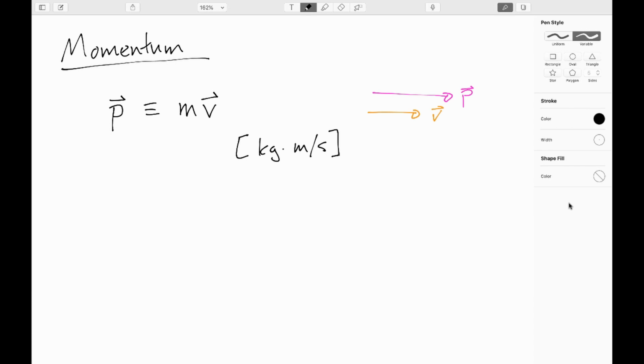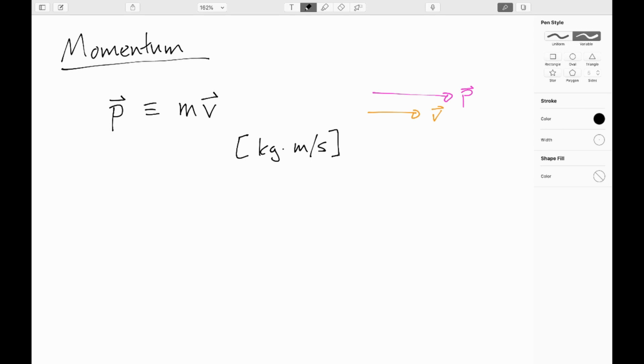Now, just as a side note here, just so I don't get anyone upset with me later, when you eventually get to learning about special relativity, you'll find that this definition of momentum will need to be modified. It'll have to be multiplied by a special factor to take relativistic effects into account.